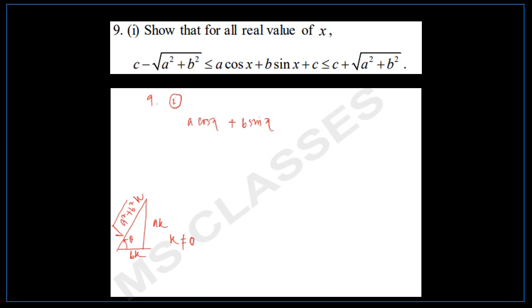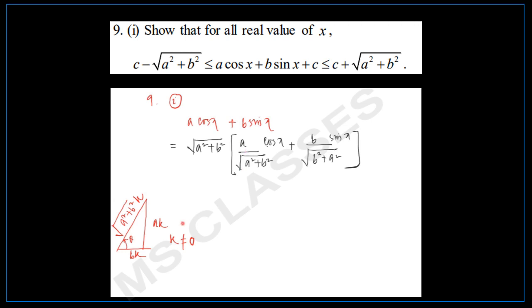Here you will divide by root over of A square plus B square and multiply by the same root over of A square plus B square, cos x plus B by root over of A square plus B square sin x. Now children, what is this? A by this one is what?